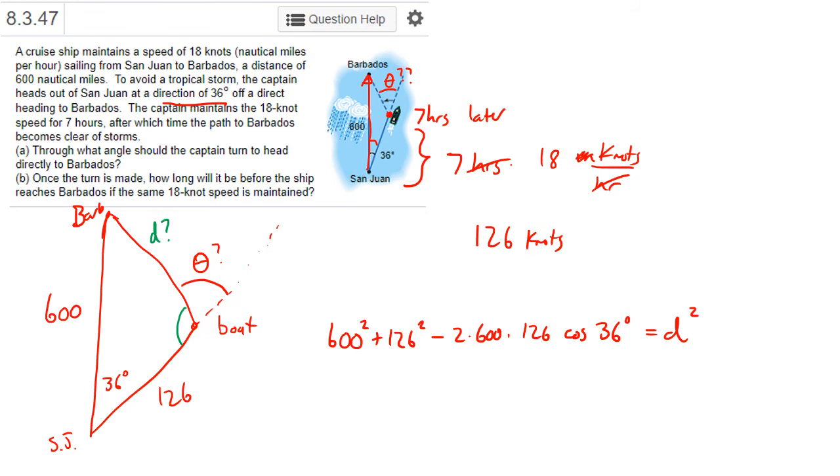Those are some big numbers, so bust out the calculator. 600 squared plus 126 squared minus 2 times 600 times 126 times the cosine of 36 degrees is 253,552.63. Now, we have so many digits floating around that I feel comfortable rounding these things off to the nearest integer. So 253,553.